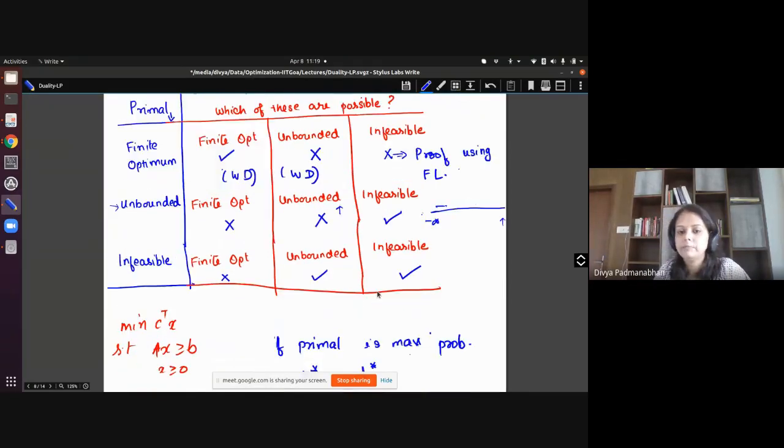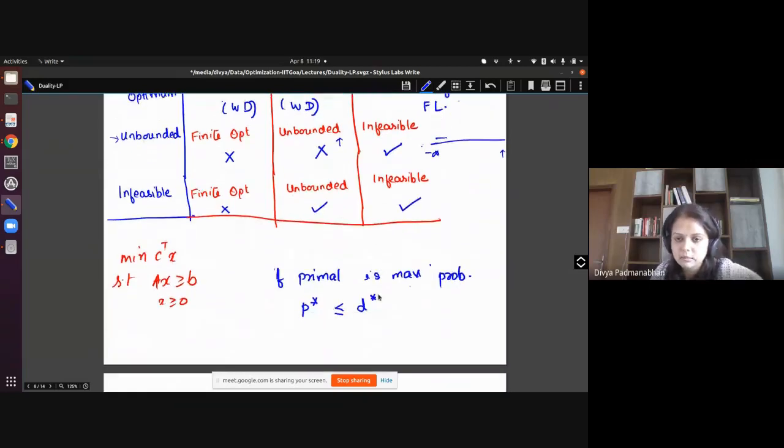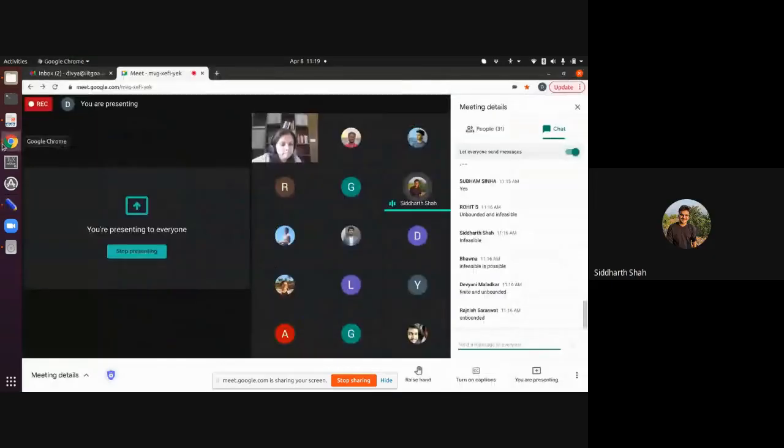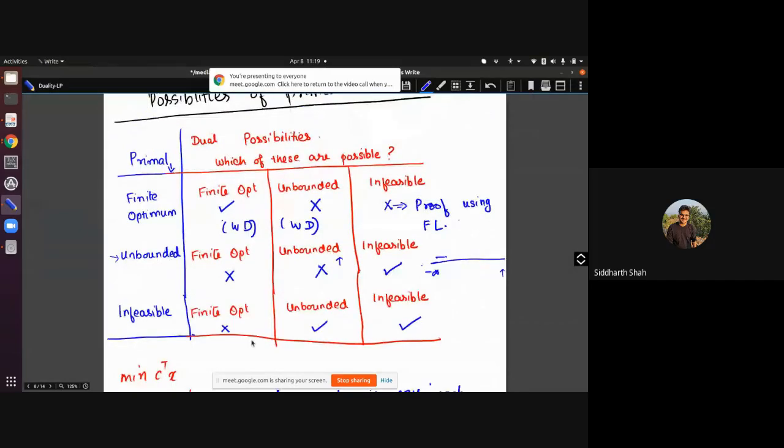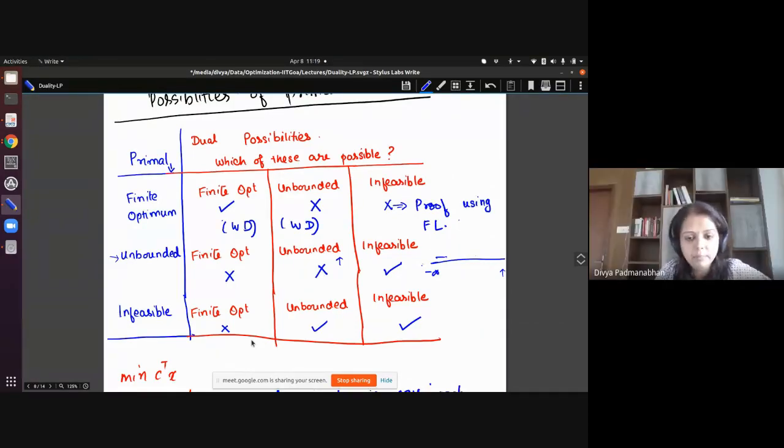Ma'am, I have a doubt in the case when the primal is infeasible. How can the dual be unbounded? Because unbounded would mean that we can have it as good as we want. Let me say the primal is a minimization problem and there is no feasible point. There is no P star here.